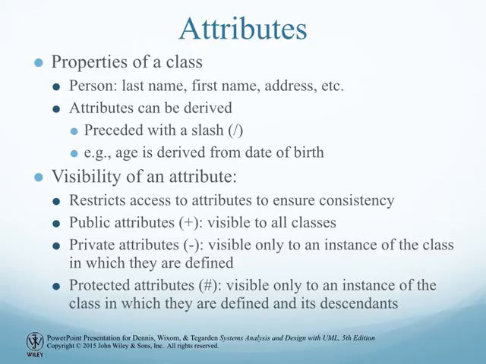The package that the class is contained in can see the attributes, and subclasses of that class. So if a person class has a protected name, for example, a subclass of that person class, the patient class, will be able to see that name attribute. It's protected, so people outside of the system can't see it, but people inside will be able to see it.